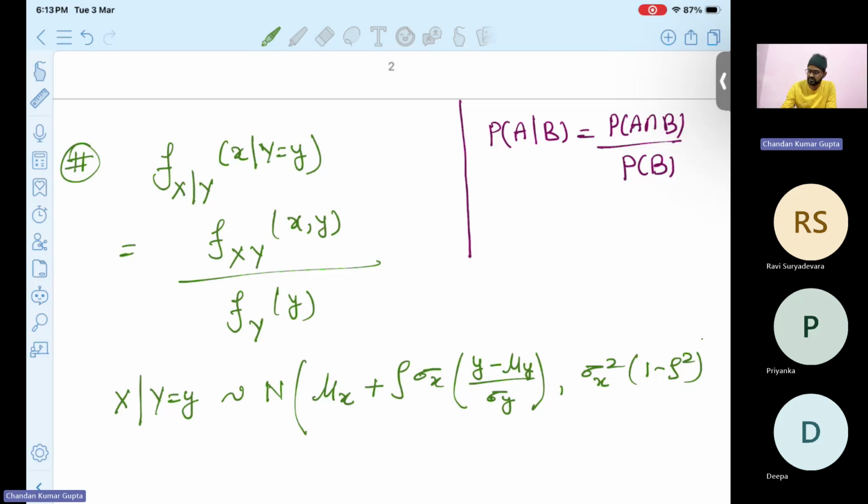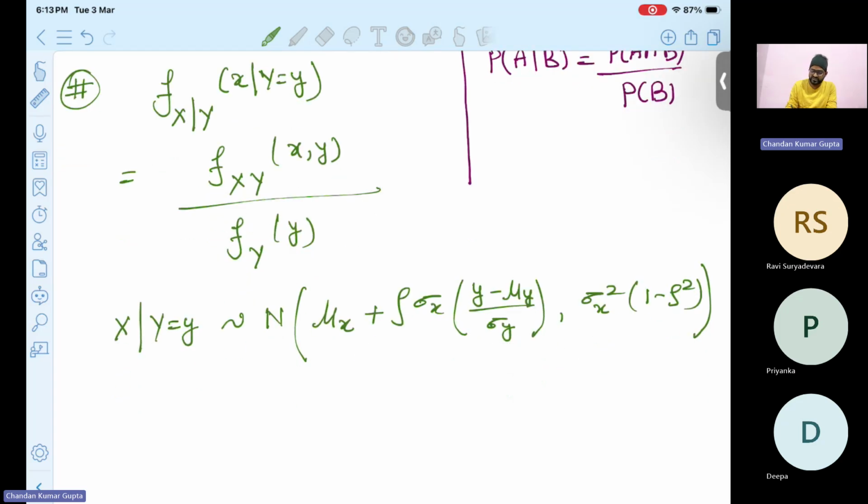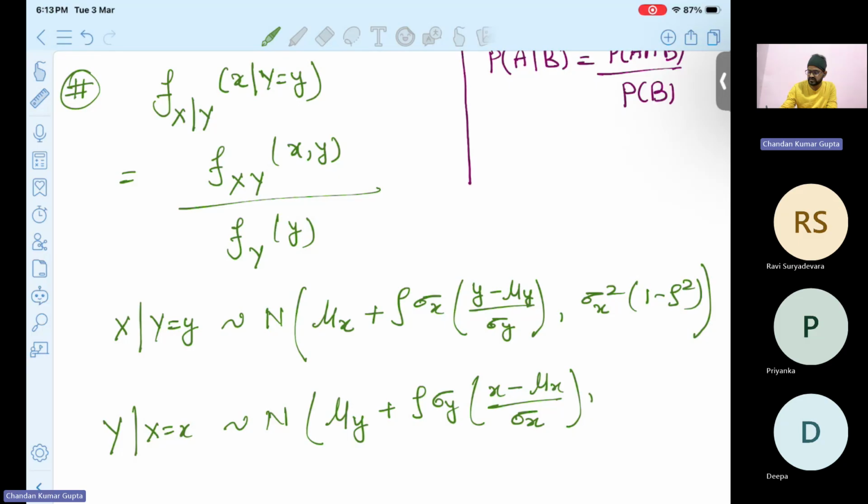This is the conditional distribution of x given y when x and y are jointly distributed as bivariate normal. You can write the same for y given x equal to x, which is again normal with mean mu_y plus rho sigma_y times (x minus mu_x) upon sigma_x, and variance sigma_y square times (1 minus rho square), just exchanging x and y.